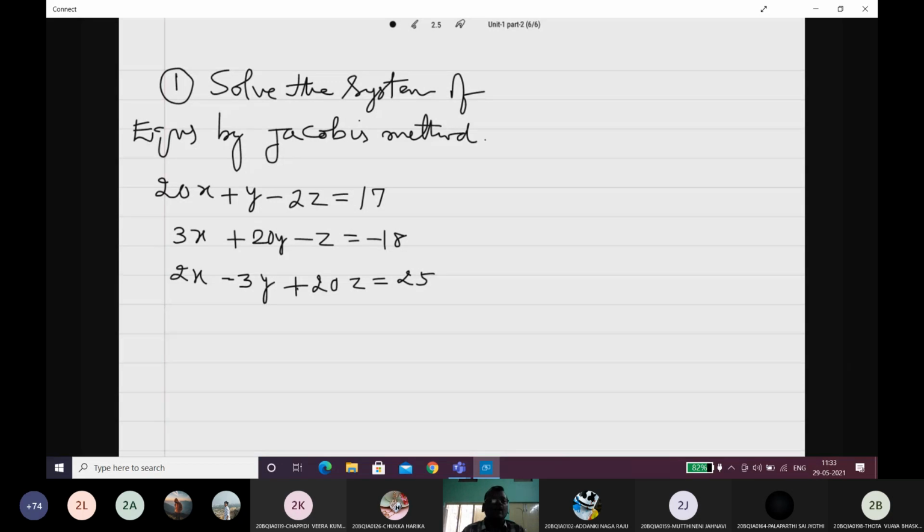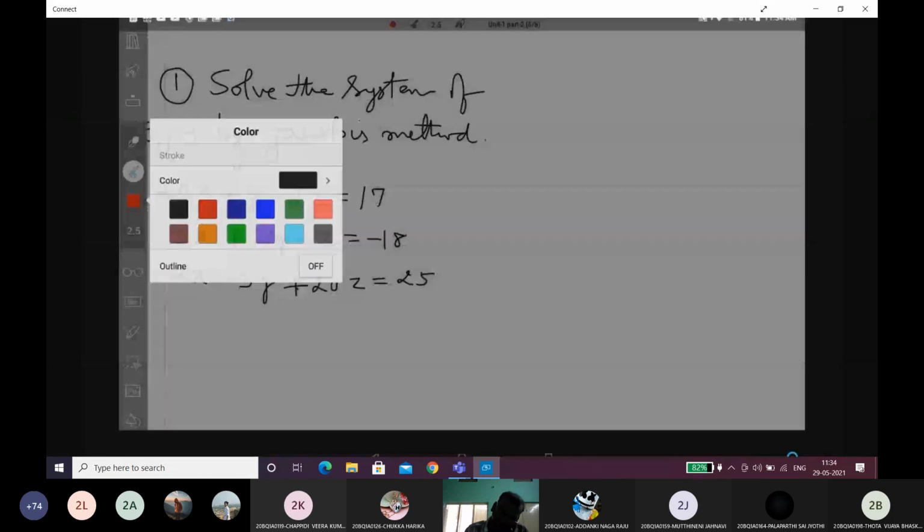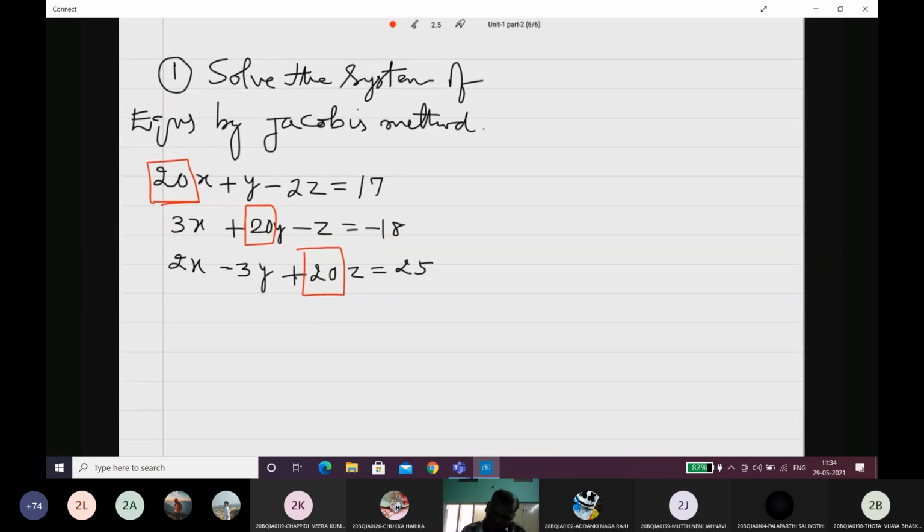Now we have to observe that the first step is to check for diagonally dominant.